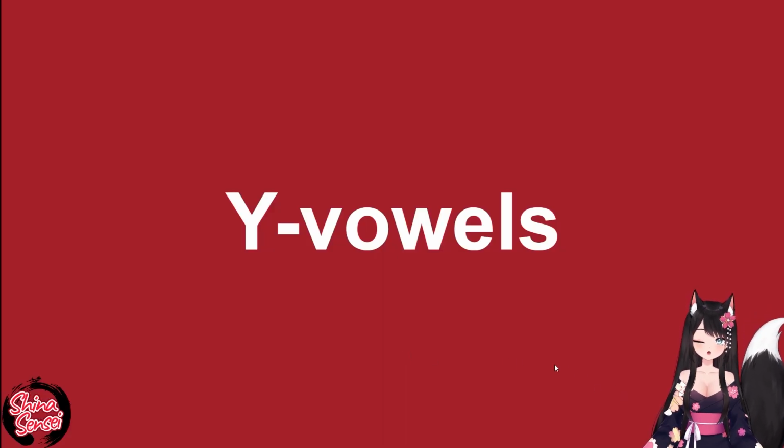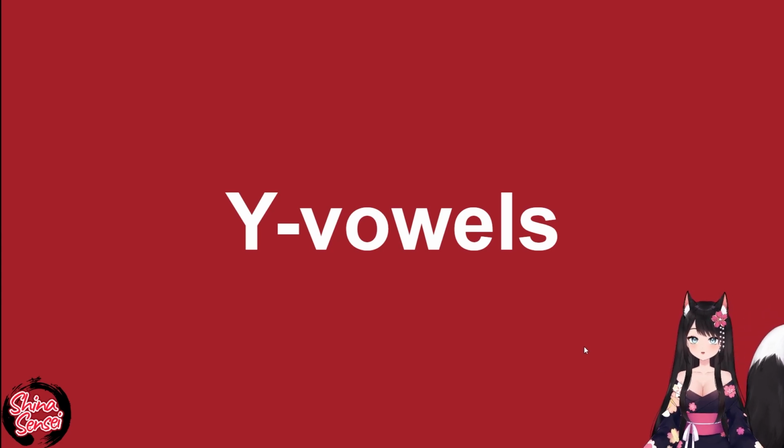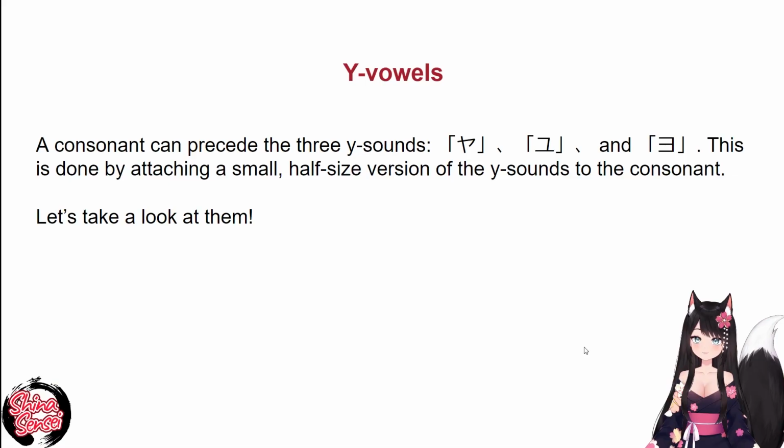Remember, we have the Y vowels too. They are also present here in katakana, as they were in hiragana. So it's the ones that have the ya, the yu, and the yo. In this case, we are reading them in katakana.